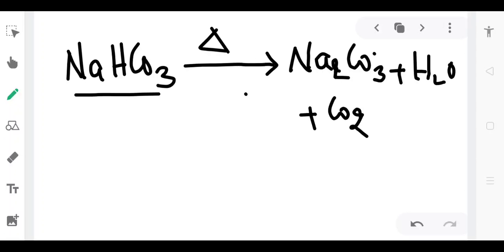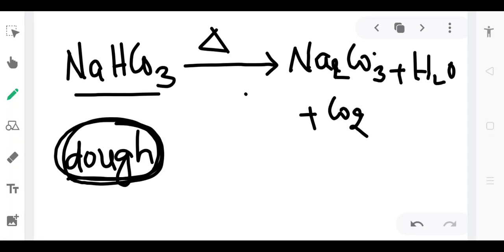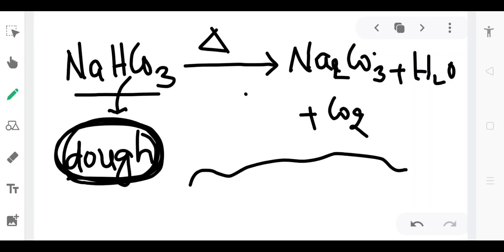When we add baking soda to the dough, which is the material used to prepare cake or bread, and it is heated, sodium hydrogen carbonate decomposes and carbon dioxide gas is released.